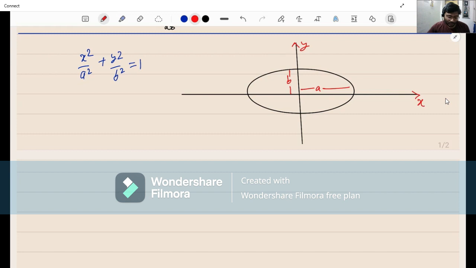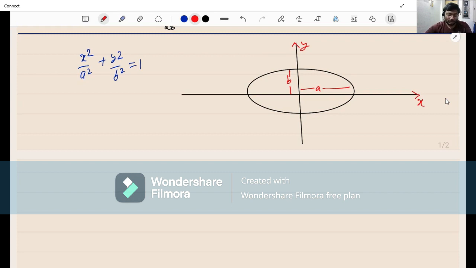So since we have x square and y square, the curve will be symmetric along the x-axis as well as along the y-axis. Since the power is even, like the even function and odd function you already know, this curve becomes symmetric along both axes.